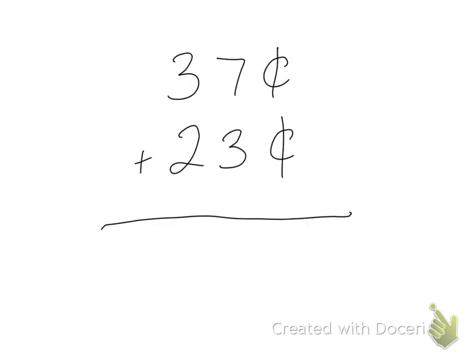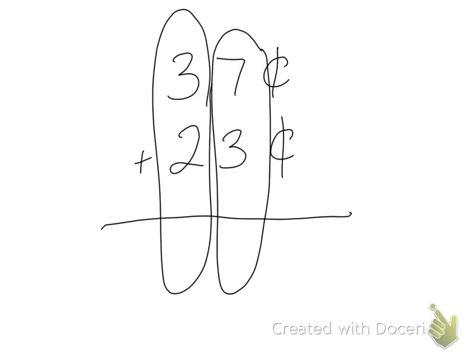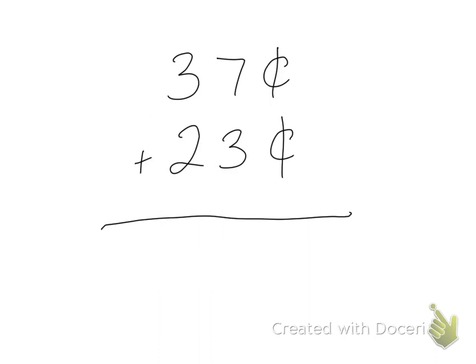Now I've written my problem vertically. And we have to be careful again to write the pennies under the pennies column and the dimes under the dimes column. This is the way many people add two-digit numbers. Let's add the pennies first. 7 pennies plus 3 pennies equals 10 pennies. What happens when we have 10 pennies? Well, we trade them for a dime.